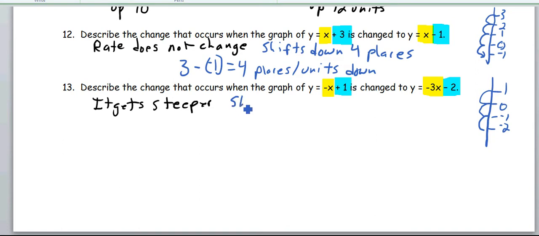So it shifts down 3 units. It shifts down 3 units. And again, since I'm starting here and I'm going down on the y-axis, I would subtract 1 minus -2 equals 3. 3 units down.